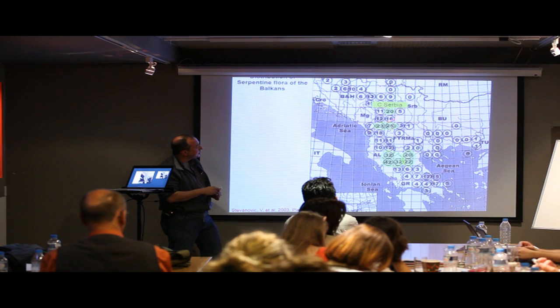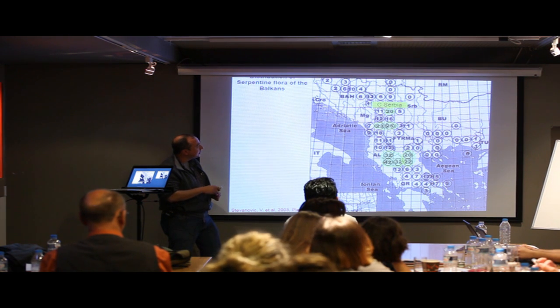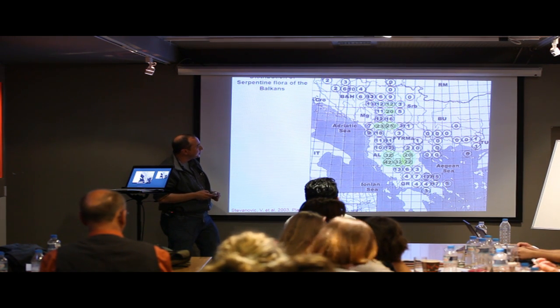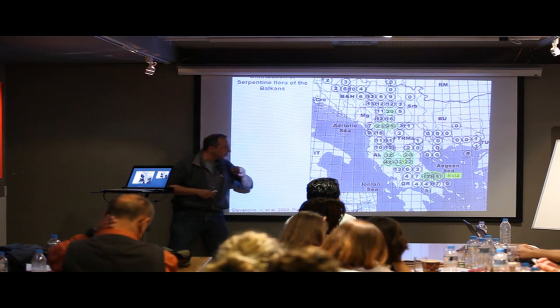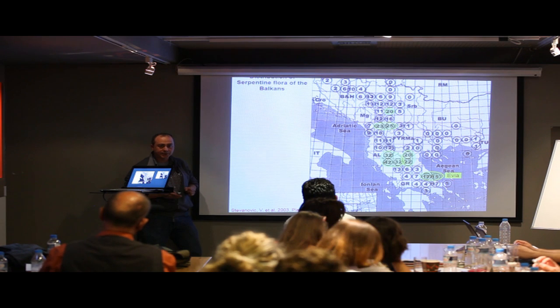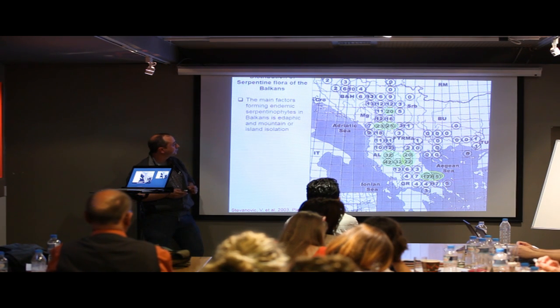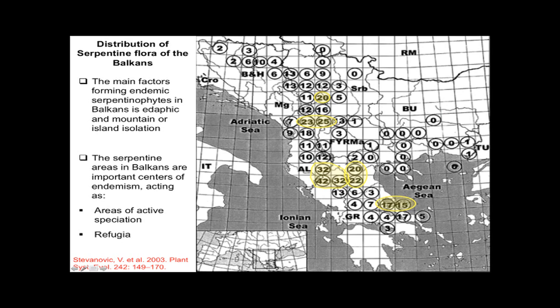We have also central Serbia with a high number of endemic species. And finally, the island of Evia, which has a lot of neo-endemic species. Finally, this is the final conclusion of the work of Stefanovic and colleagues: the main factors forming the endemic serpentinophytes of the Balkans are edaphic and mountain or island isolation.